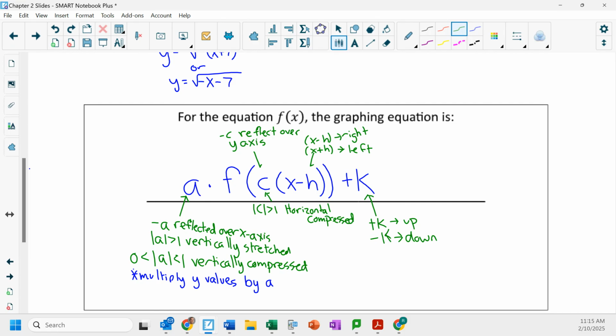Horizontally means across, so you'd be taking your function and squeezing it inward. So that's a c inside here, absolute value of c greater than 1.